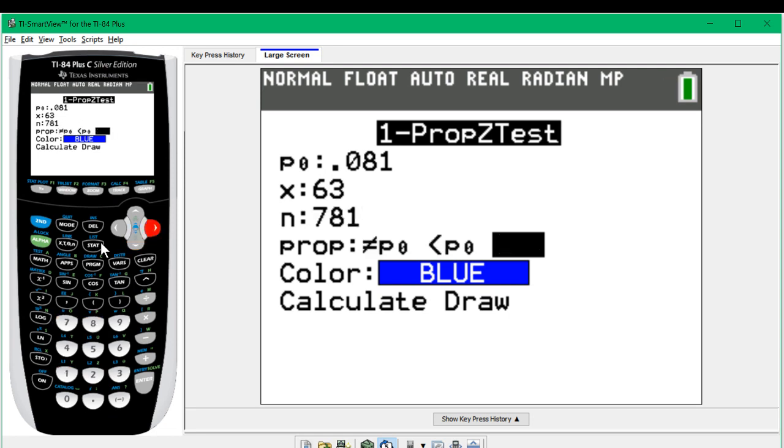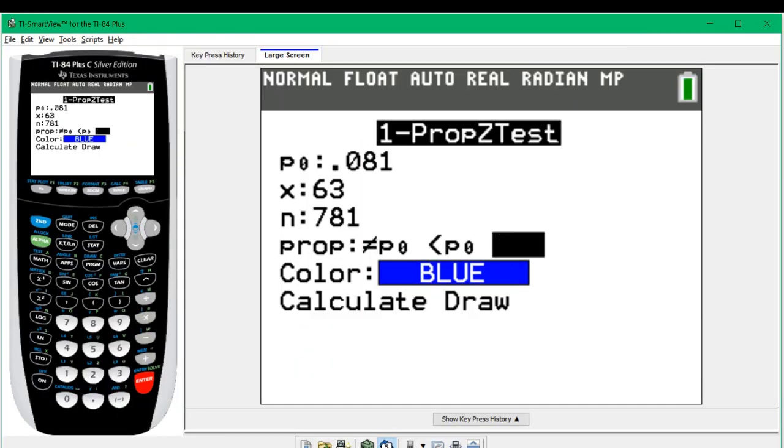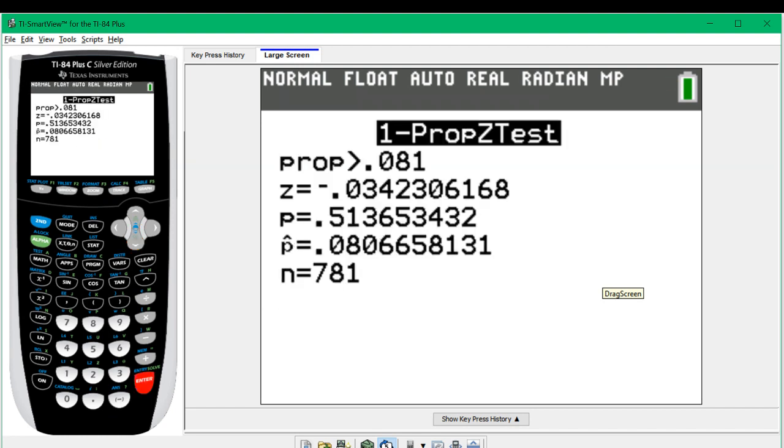Our alternative hypothesis: not equal to 0.081, less than 0.081, or greater than 0.081? Greater? Let me see what we wrote. Yeah, we wrote greater. So 0.081, calculate. Here's our information. We get a z-score.